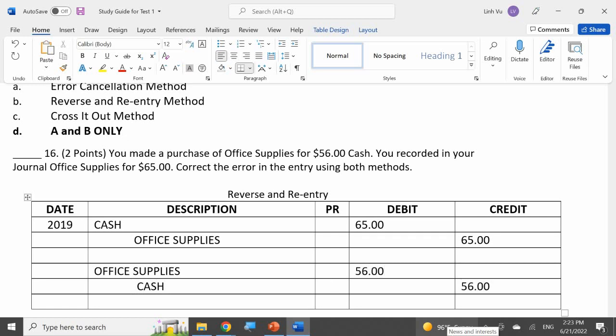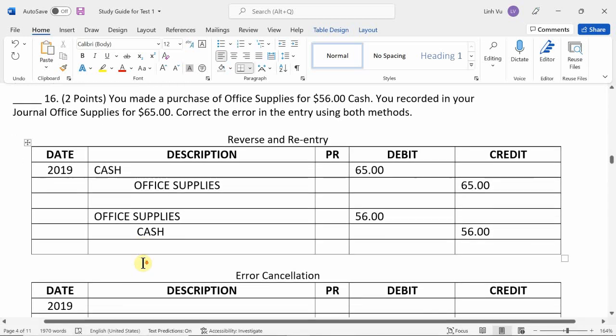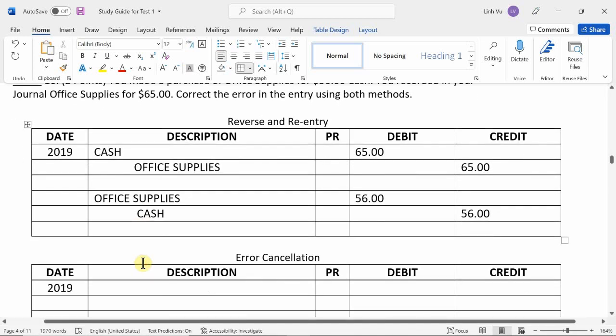Right, because right now I recorded it as 65, but it's actually 56. I won't be looking at your answers when you answer this. I just need you to be able to determine this. I'm going to record my cash as XYZ and my office supplies as XYZ. That's what I'm looking for.